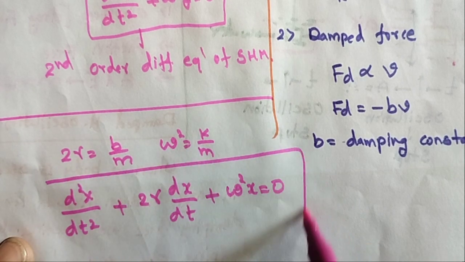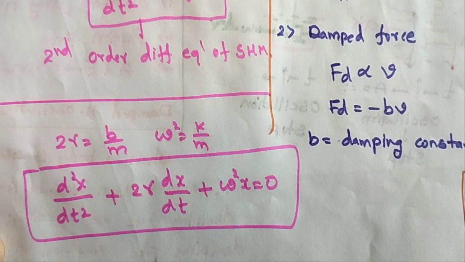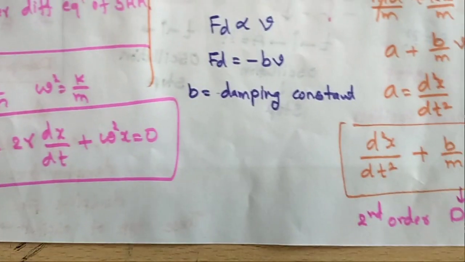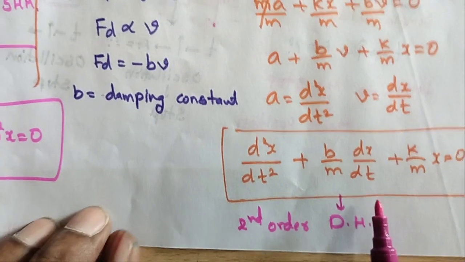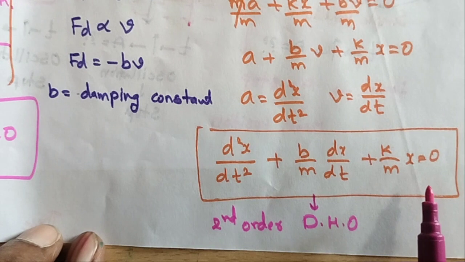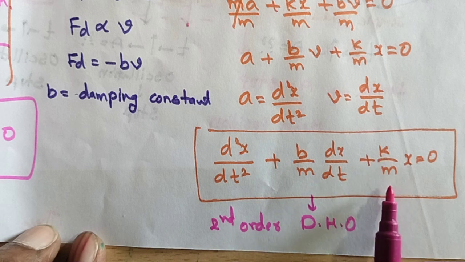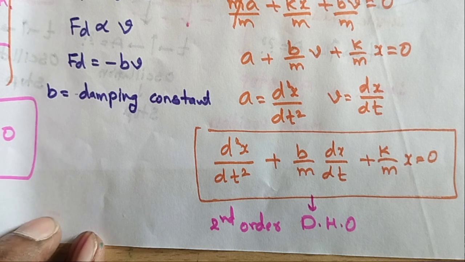This is also called the differential equation of a damped harmonic oscillation. Both are the same. Here b is the damping factor, k is the force constant, m is the mass. So these are the mathematical equations of the damped harmonic oscillator.